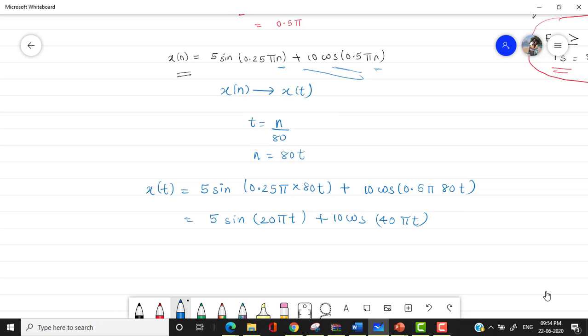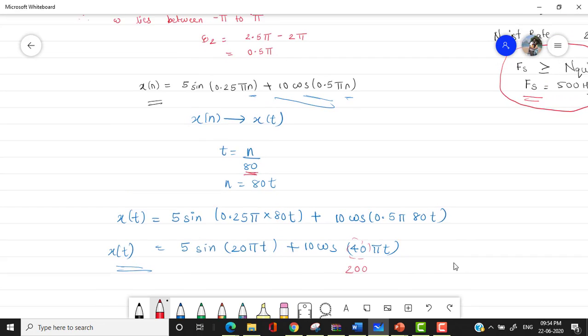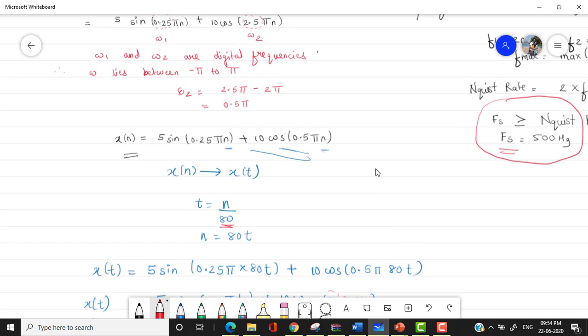So this is not the same as the question we are trying to solve. Instead of 40, we have 200 in the question, right. So we could not reconstruct the signal since the sampling frequency of 80 was not greater than the Nyquist rate. So I hope you all are clear about what is sampling frequency, how we reconstruct, and what is the aliasing effect.